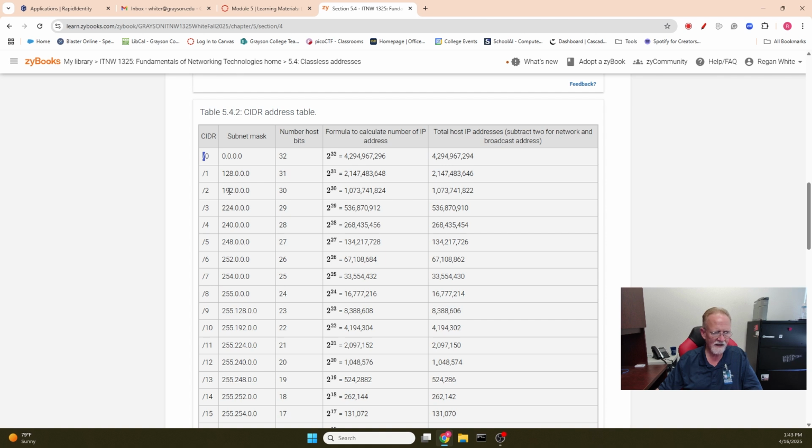Same thing here, 192.0.0.0: 30 host bits, only 2 network bits. /3, basically 29 host bits, only 3 network bits, so you've got 3 network bits to identify the network. /4 is going to leave you 28 host bits. The resulting subnet mask will be 240.0.0.0.